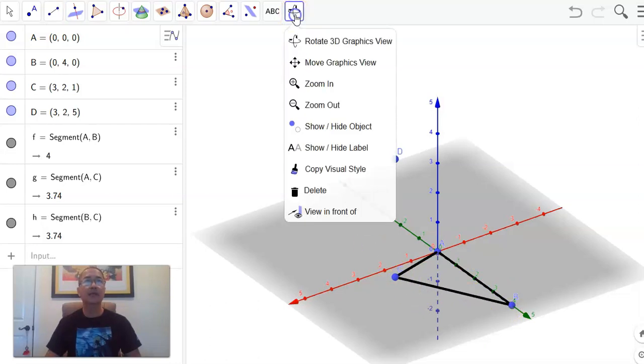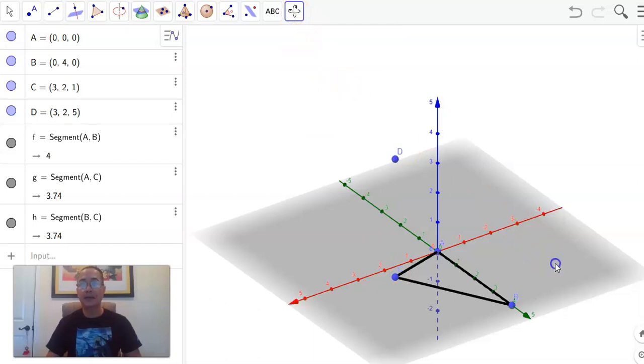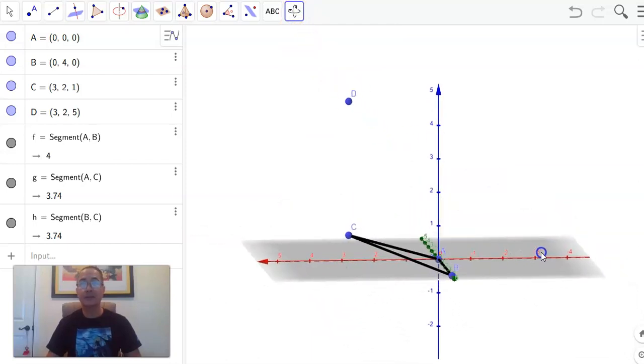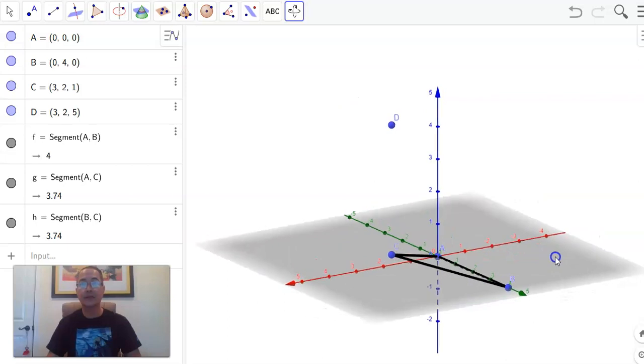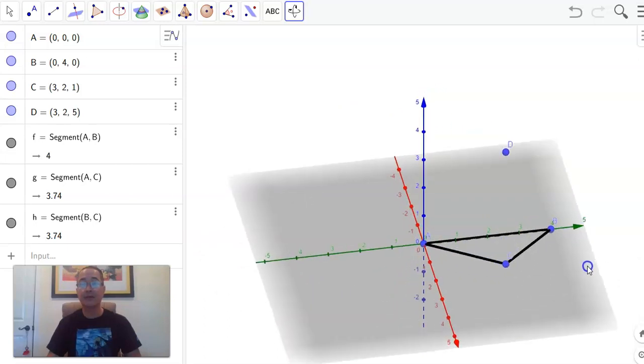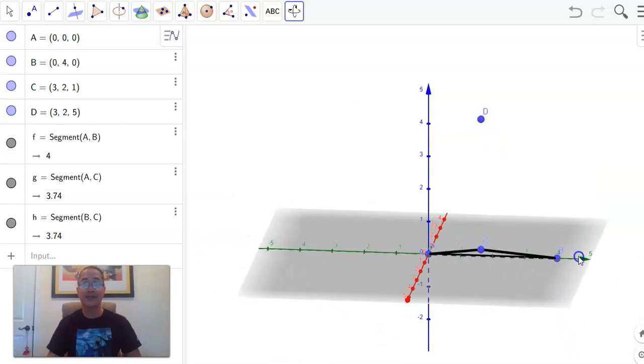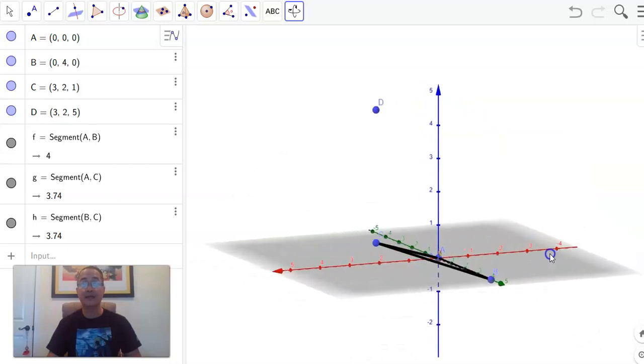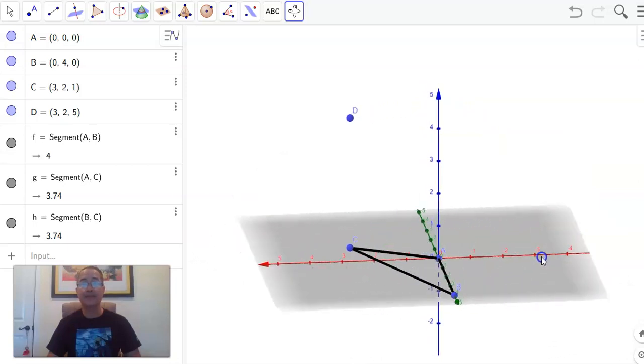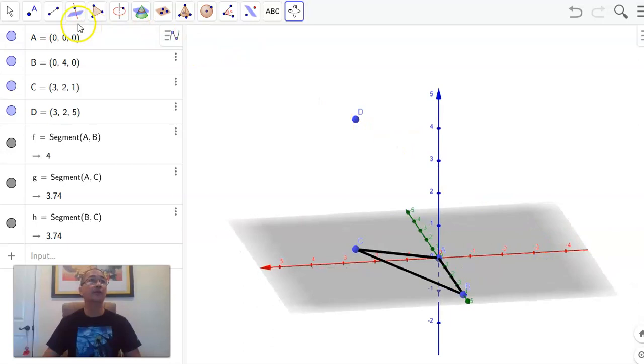Okay, so let's stop right there, and let's see what we have so far. Ooh, so that is obviously the bottom of our tetrahedron. It is not on the XY plane. So let's form the rest. Okay, so we'll have an edge from A to D. There you are.